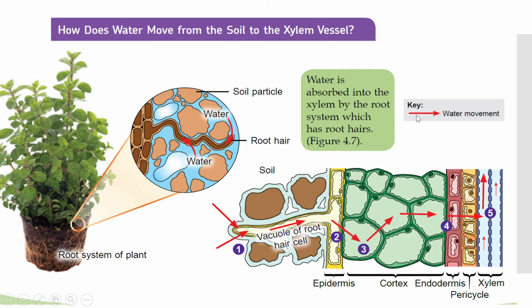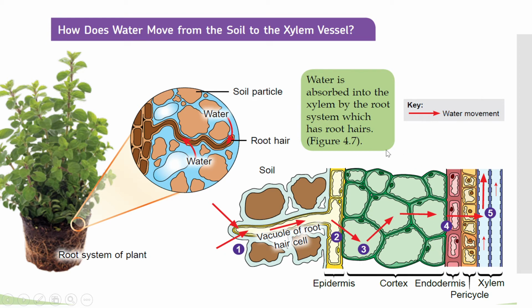So again, let's look at the key indicator. That's the red arrow over here. It's going in from outside, this water movement. From the soil water into the root hair cell and then into this third one, the green one, with a big vacuole.